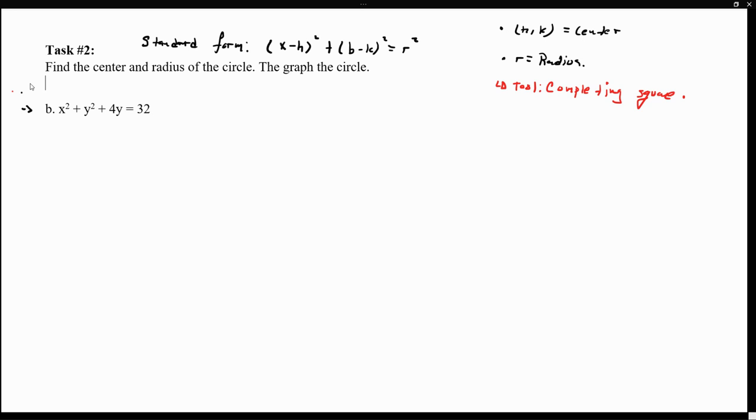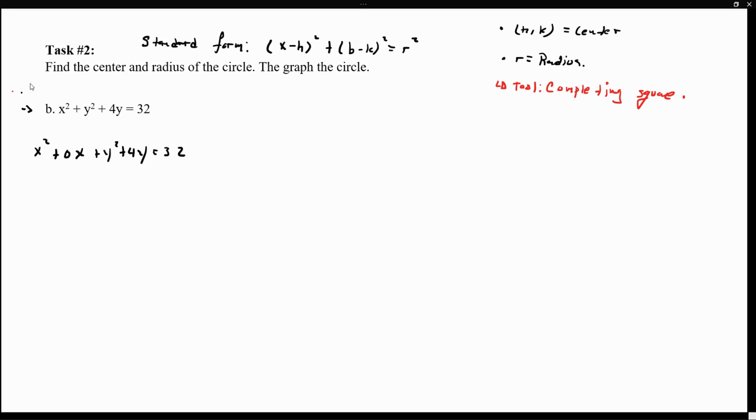But you might notice that there's something missing here compared to our previous example. If we want to complete the square, we're missing the x term here. Well, we can think about this equation as follows: x squared plus 0x plus y squared plus 4y equals 32.